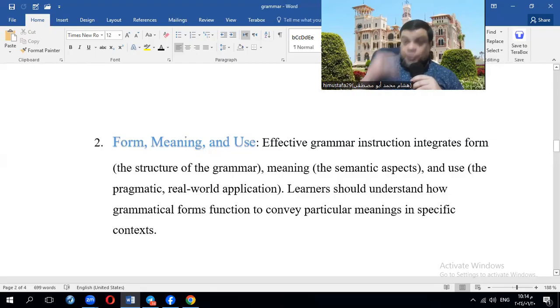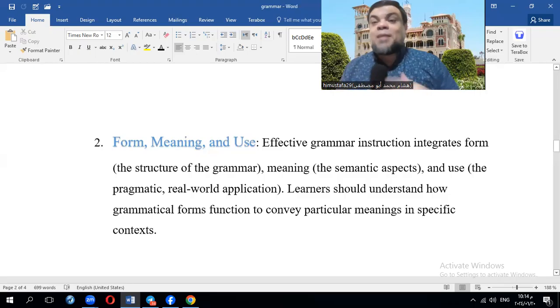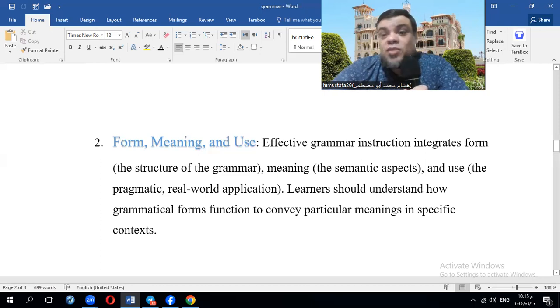These are different grammatical structures. But what are the pragmatic usages? Of course, they differ in meaning, and they also differ in degrees of politeness. So here, the use of these grammatical structures is very important. This is the pragmatic function of grammar.